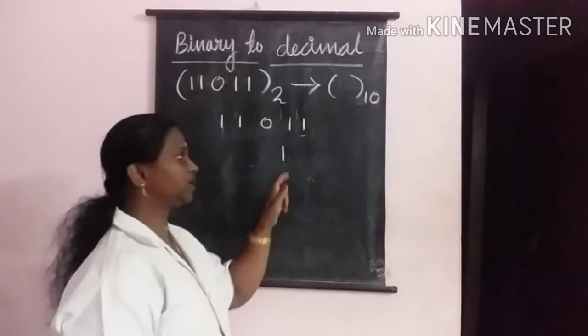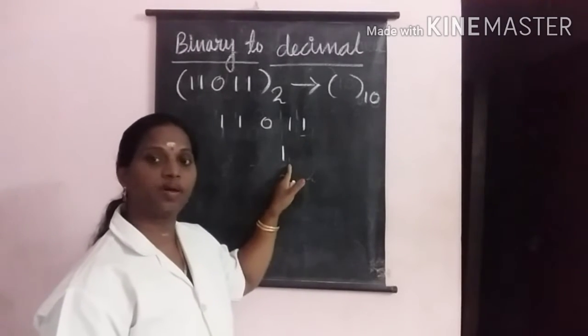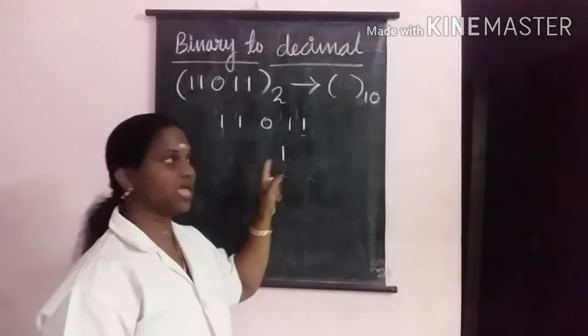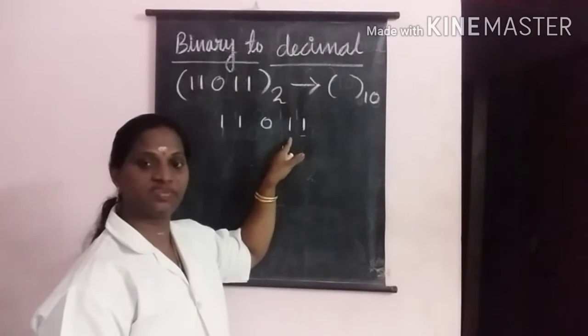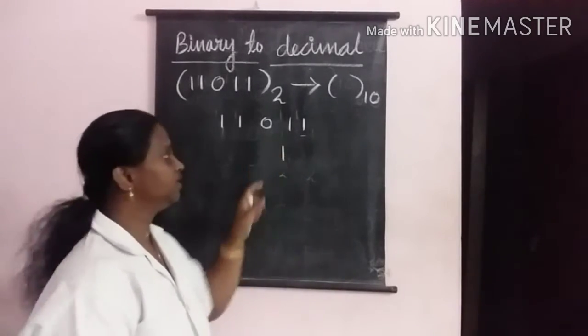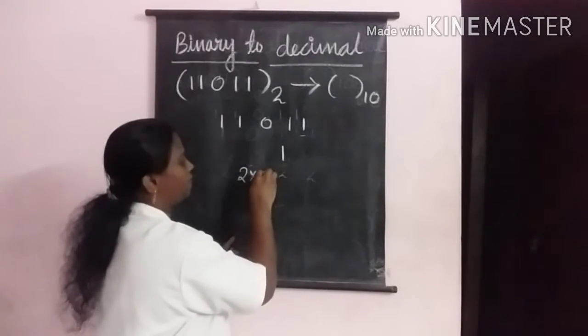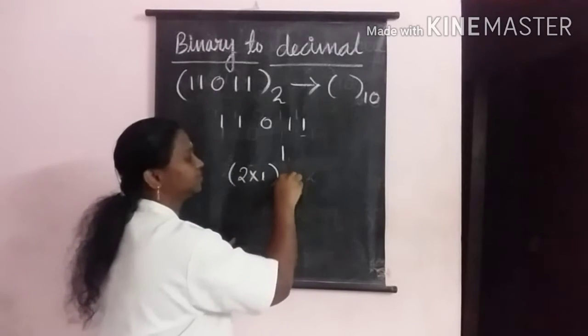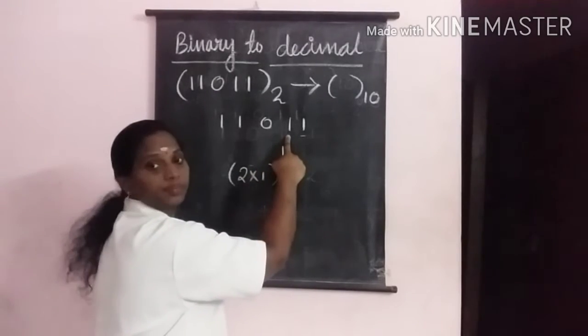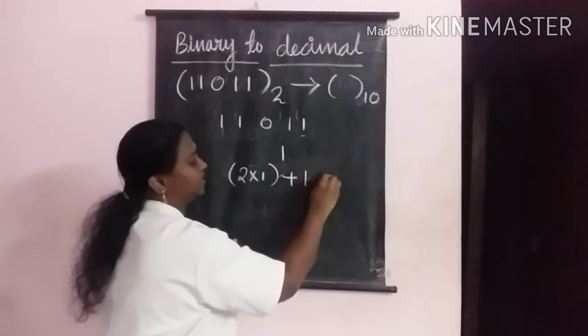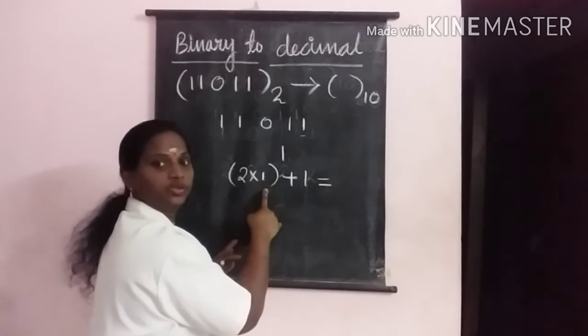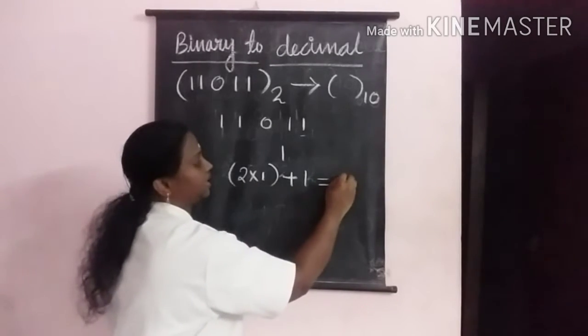Clear? Then you can multiply this number by 2 and add the next digit. This is the next digit. Okay, so multiply 2 into this one, 1, plus next digit 1. That is equal to 2 into 1, 2. 2 plus 1, 3.